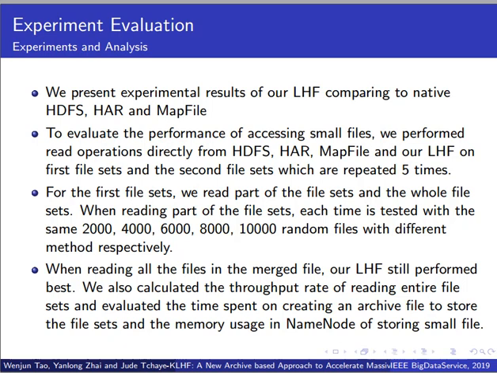We also calculate the throughput rates of reading the entire file sets, and evaluate the time spent on creating an archive file to store the file sets and the memory usage of the name node in storing small files.